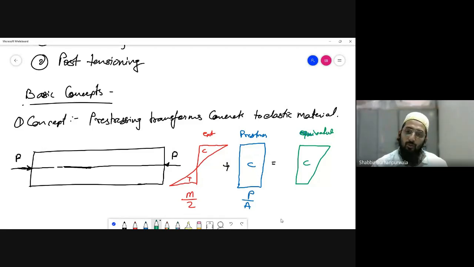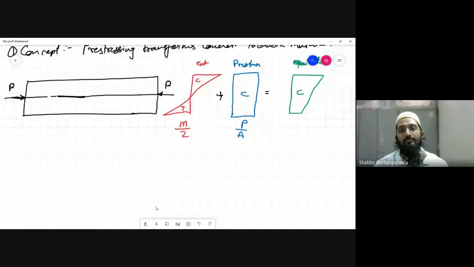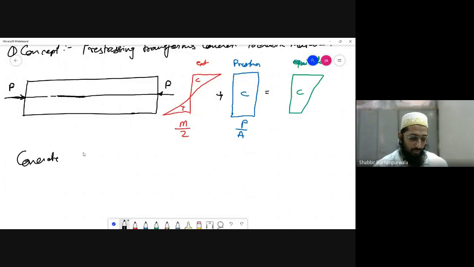So in this current scenario, the concrete member is subjected to two forces.